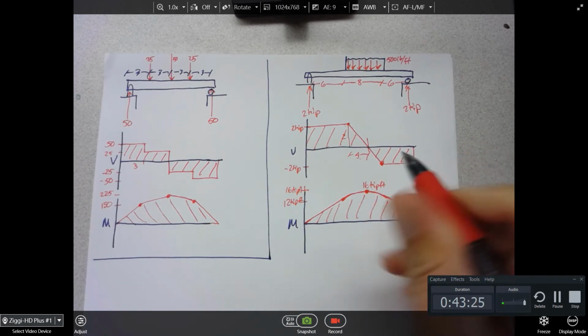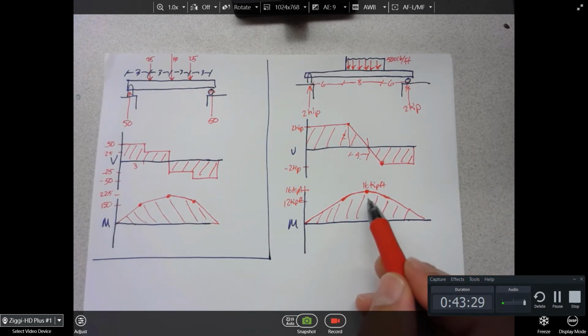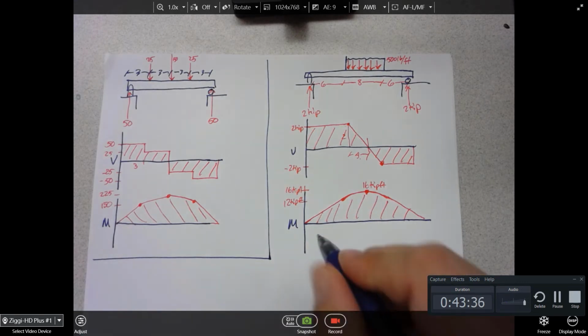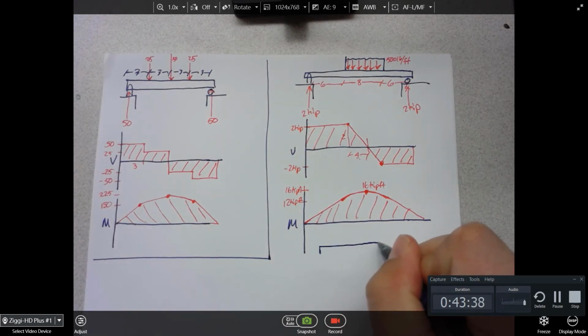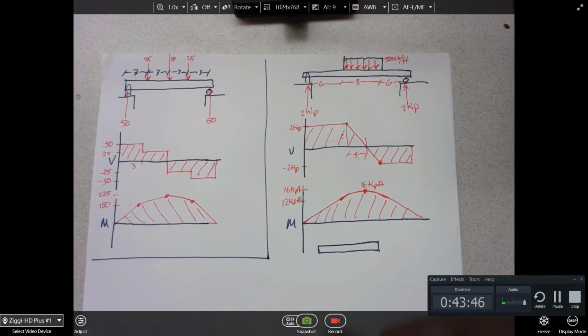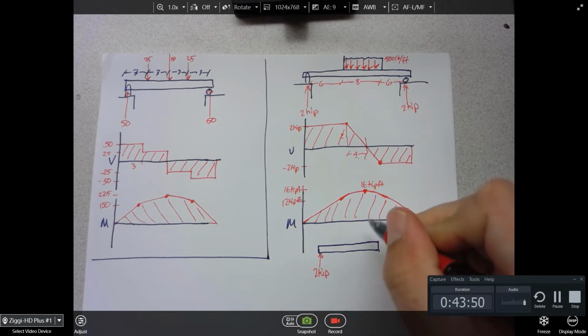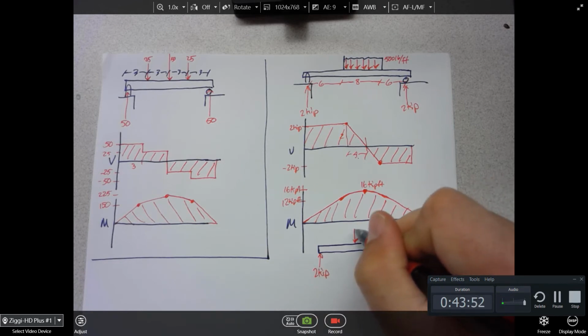How else could I have done this? If with my graph I identify, hey, this is the point I want to know, how else could I do this? You could also just cut your beam right there and draw the free body diagram again, where you have 2 kip, and you have half that distributed load.